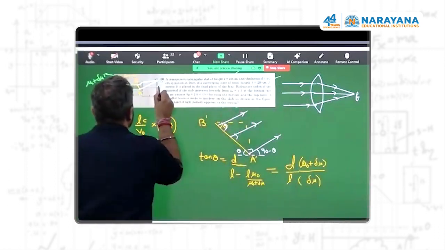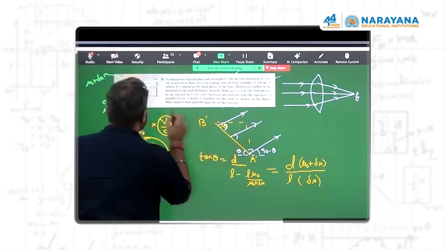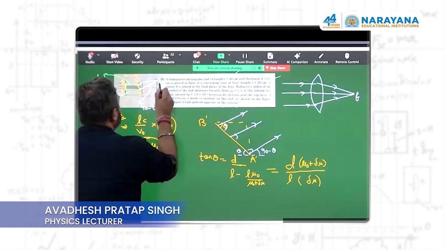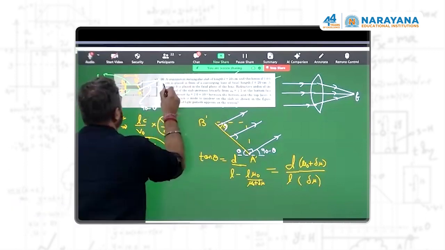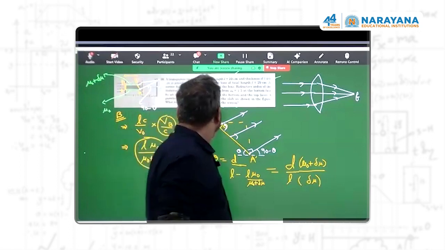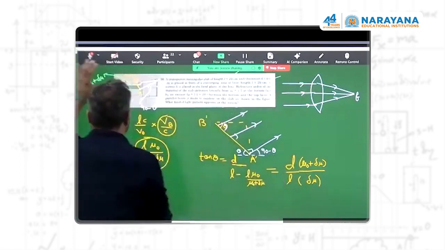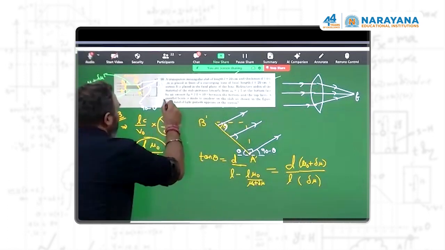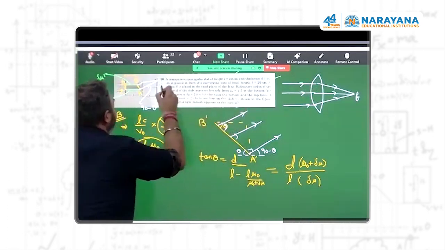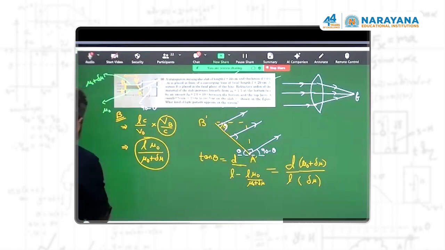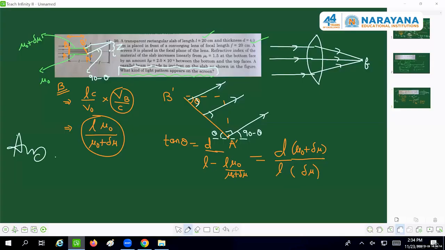So indirectly, they will converge at a point where this angle is 90 minus theta, and that distance above the central point is some z. So actually, you have just tilted the setup. So when he asks what will happen to the light pattern, instead of converging at this point in the initial state, now it will converge here. And that point is at a distance z above the point of previous convergence.